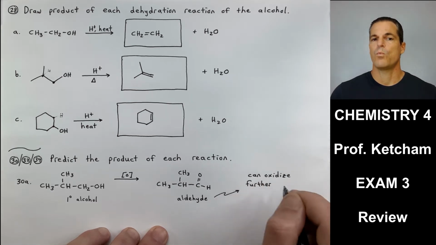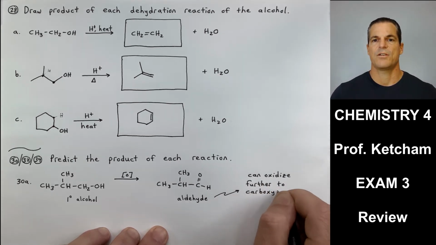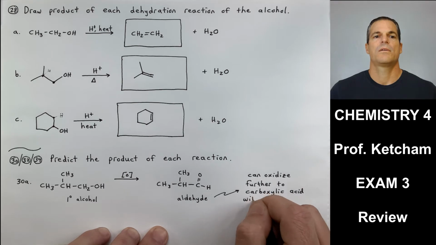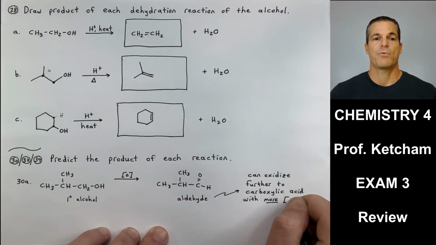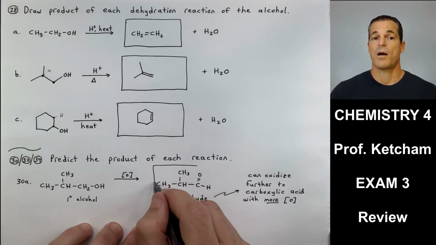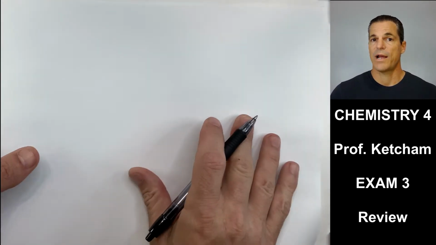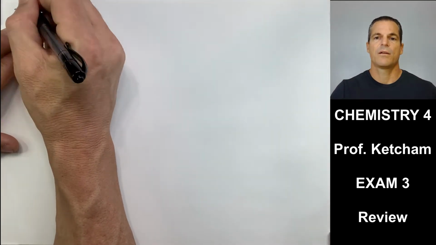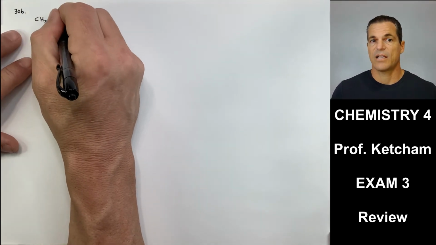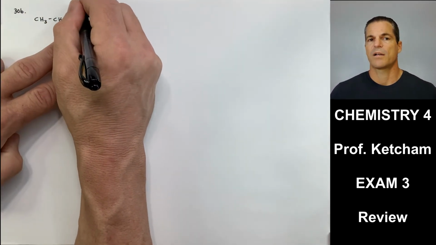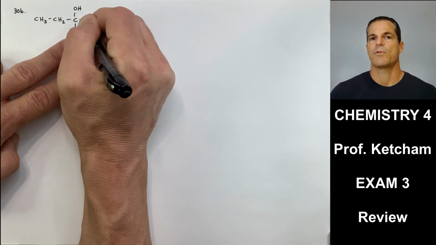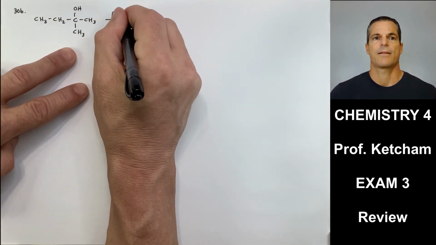That's if we have only 1 round of oxidizing agent, 1 round of bracket O. So you see how I converted my primary alcohol to the corresponding aldehyde? If I had had 2 rounds of oxygen there, I could have oxidized the aldehyde further to a carboxylic acid. And we'll see that with primary alcohols in just a second.